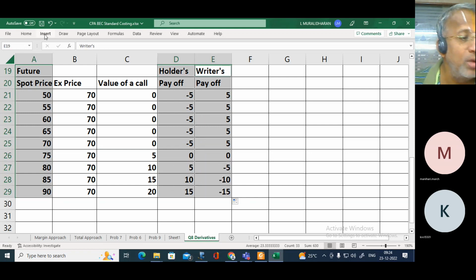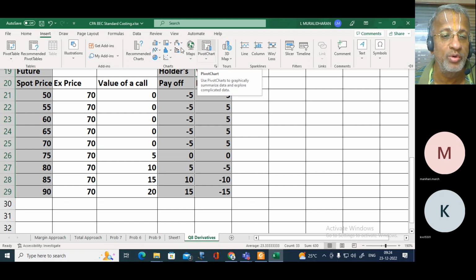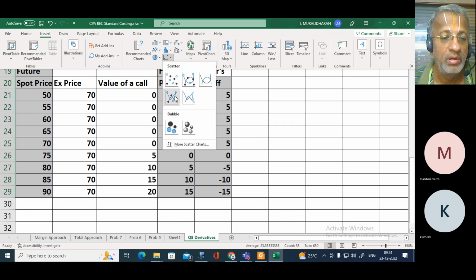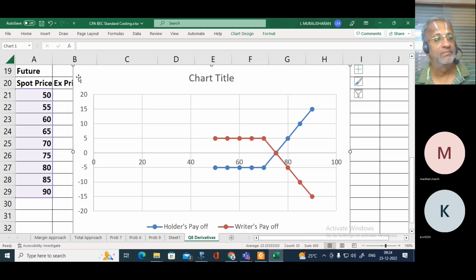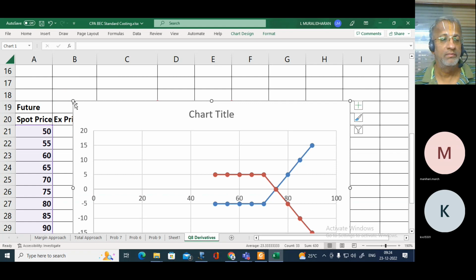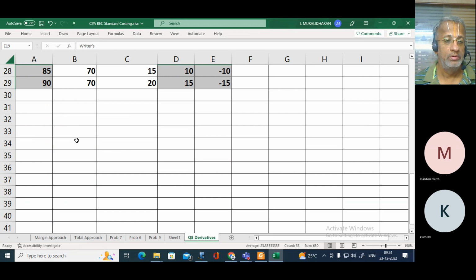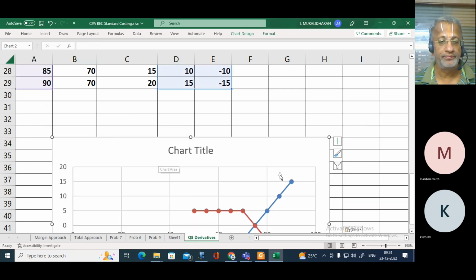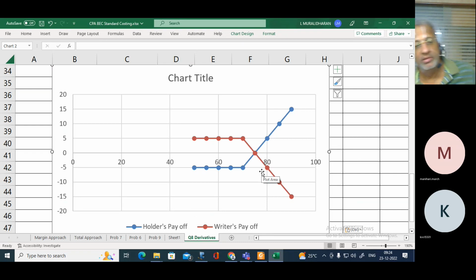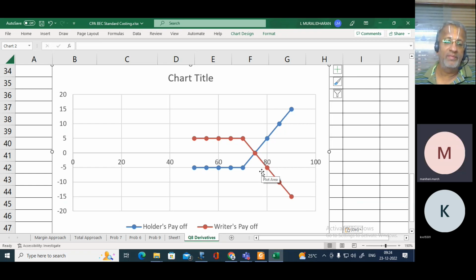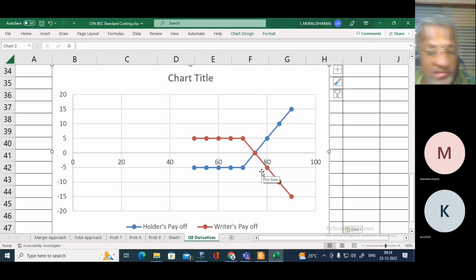In one chart itself, I wanted to do that. This is the way the chart will look like, holder's payoff and writer's payoff. Don't get the impression that only some textbook author will do it. We will do it. They put an arrow mark and we are only plotting. That's it.